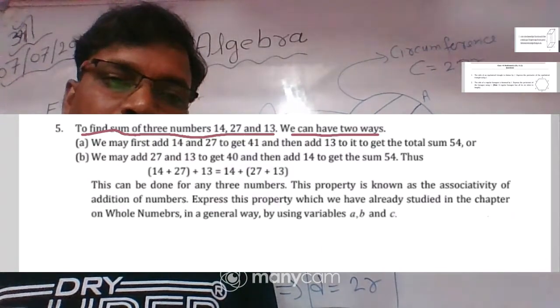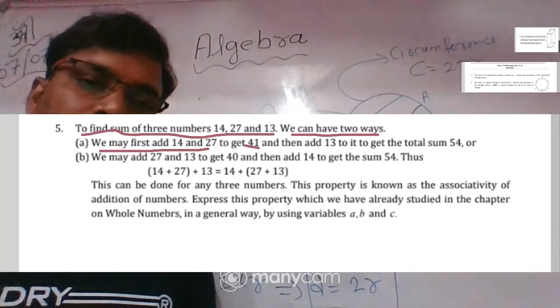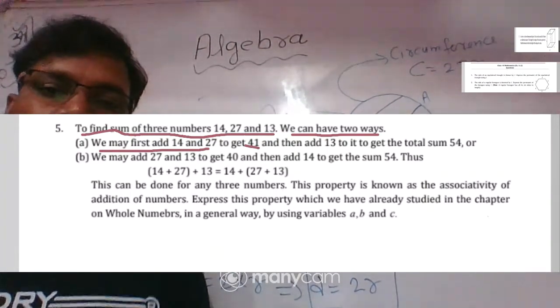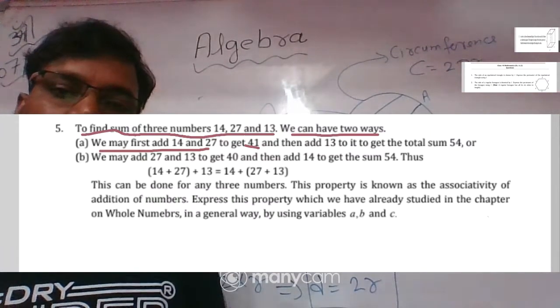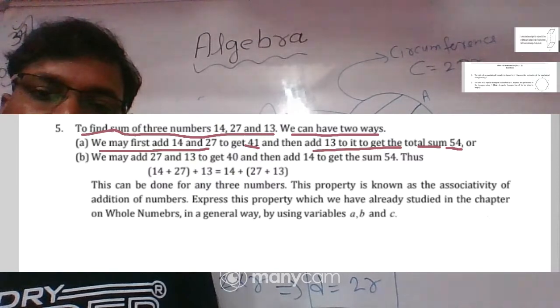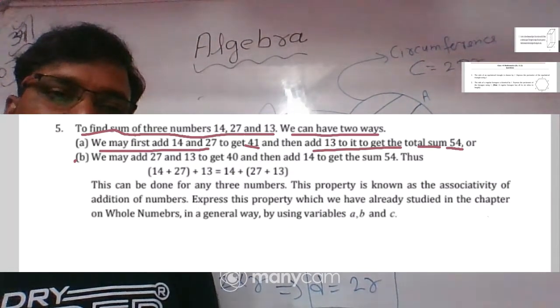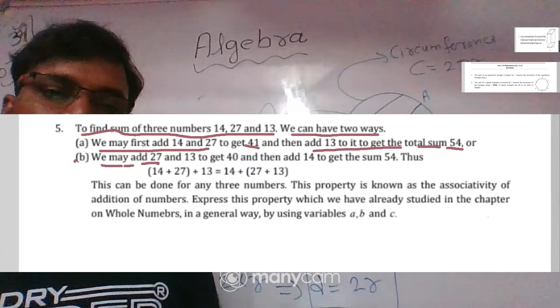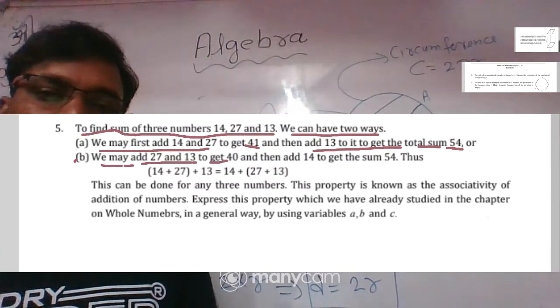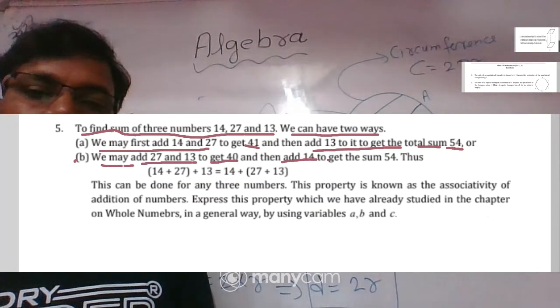First way, we add 14 and 27 to get 41, and then we add 13, we get 54. Second way, we add 27 and 13 to get 40, and then add 14 with 40 to get 54.